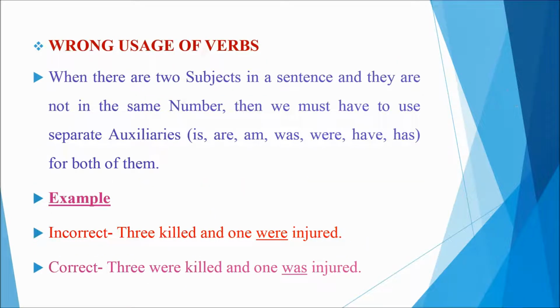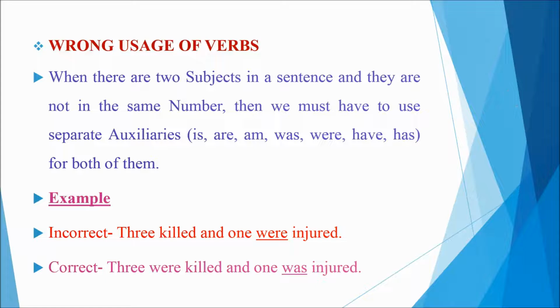Next, we are going to see wrong usage of verbs. The rule is when there are two subjects in a sentence and they are not in the same number, then we must use separate auxiliaries like is, are, am, was, were, have, has for both of them.